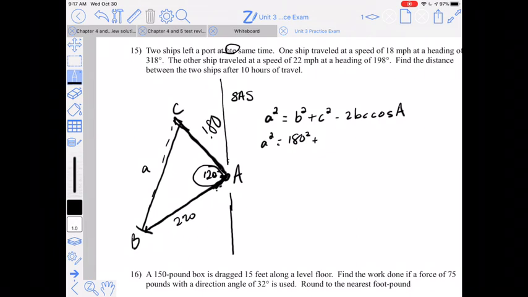That's 180 squared plus 220 squared, and that's just one big computation we can do on a calculator.